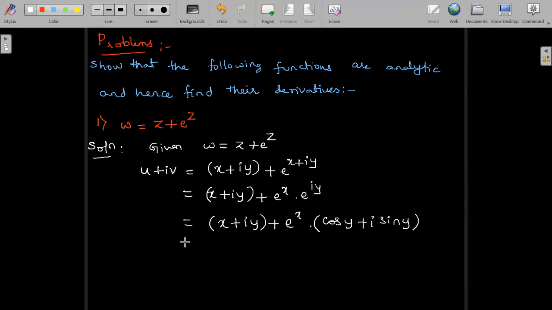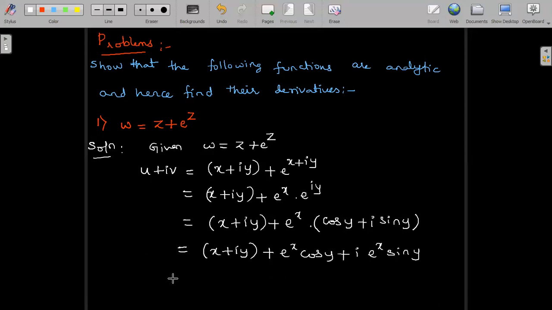Now we will multiply; e power x is multiplied with both the terms. So this can be written as x plus iy plus e power x cos y plus i into e power x sin y.